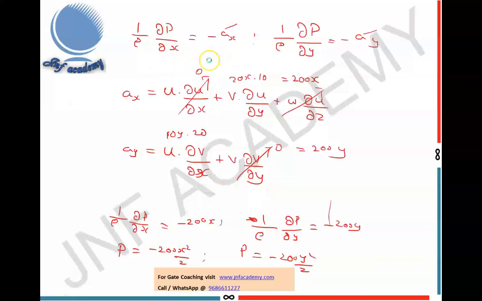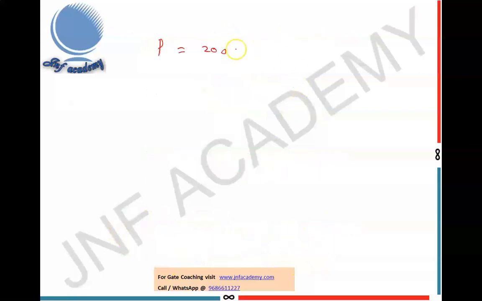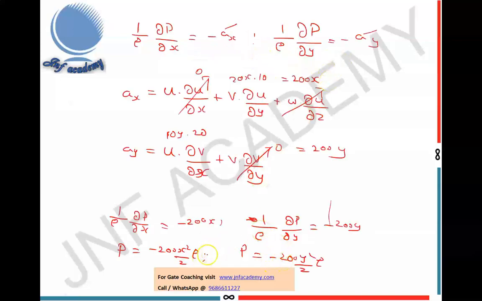There will be one ρ here, because it is in the denominator, that ρ will come here. So p is equal to minus 200ρ (x² plus y²)/2 plus c, where c is the constant of integration. If you integrate it, you have to sum these two things.